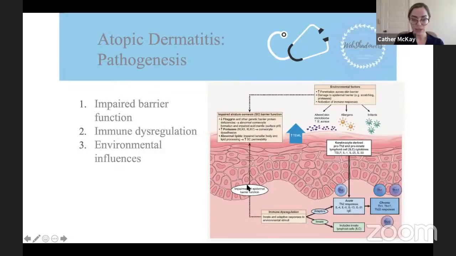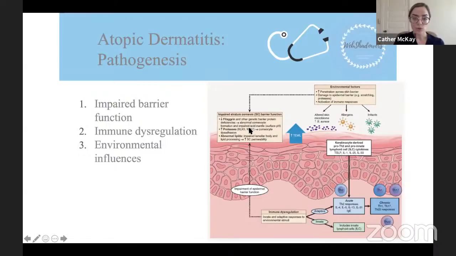Why does atopic dermatitis happen? There are three main components: impaired barrier function, immune dysregulation, and environmental influences. For our skin barrier, in patients with eczema there are sometimes certain protein deficiencies, like filaggrin.